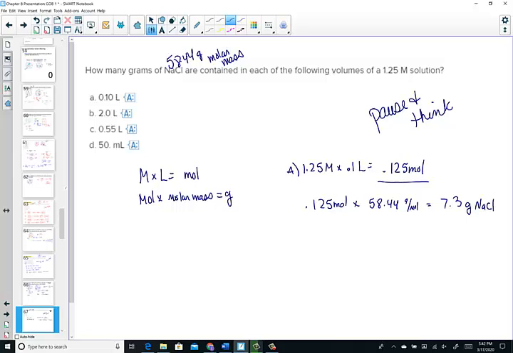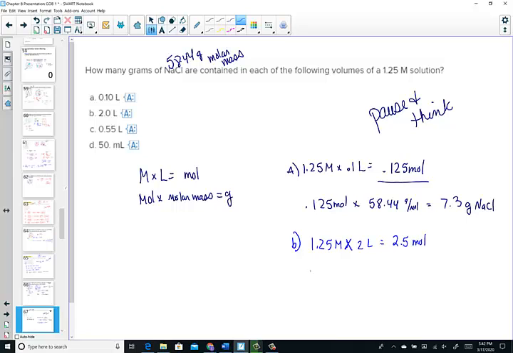Perfect. How about letter B? 1.25 molar times the volume of 2 liters gives us the number of moles. And that's 2.5 moles.